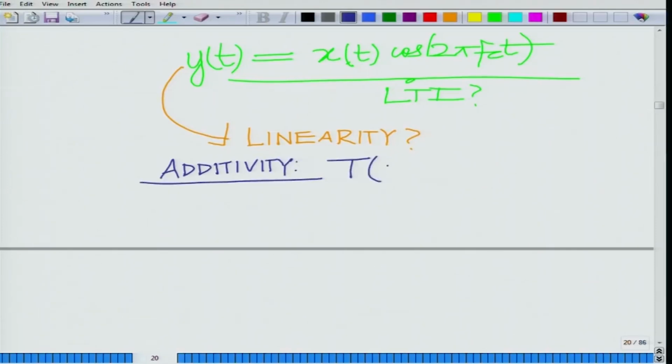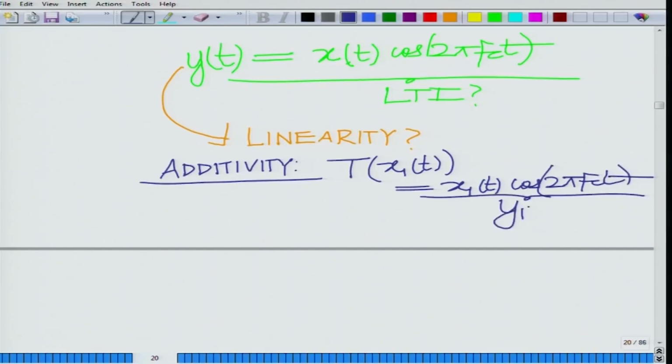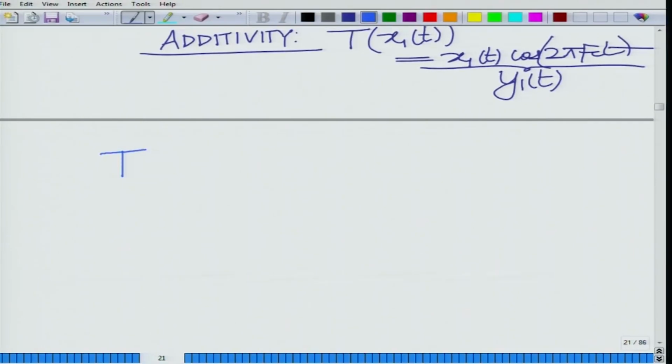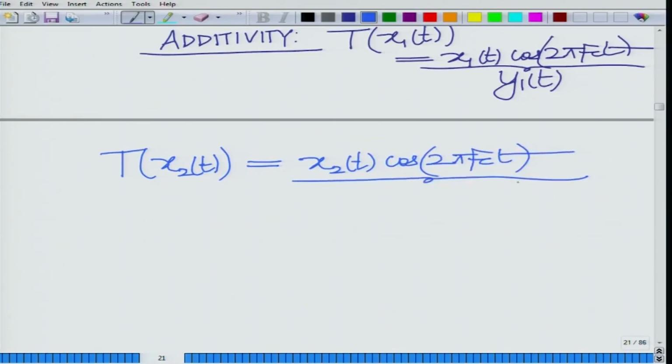we have, let's say, T of x1(t) equals x1(t) cosine 2 pi fct. This is your y1(t). Similarly, T of x2(t) equals x2(t) cosine 2 pi fct. This is your y2(t).